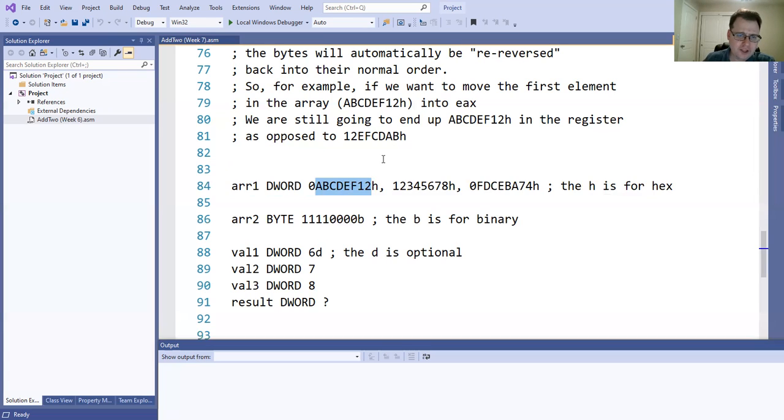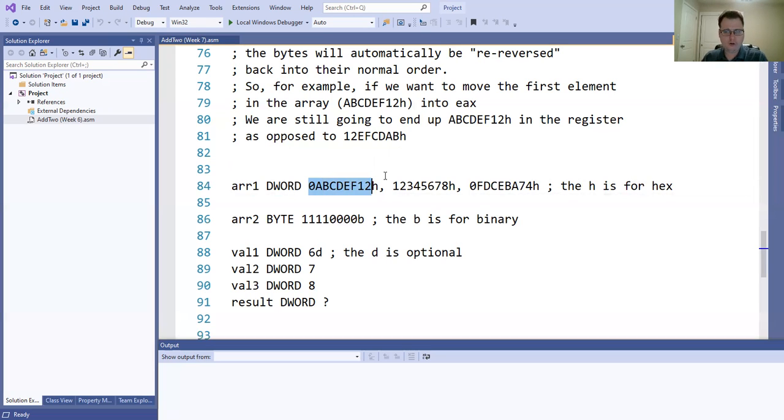So the first term is ABCDEF12 hex. The 0 is only there because of that rule that says we can't have a value A through F as the first thing in our hexadecimal number. So we have to have that extra hex symbol to account for that.